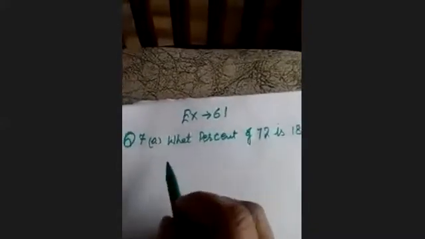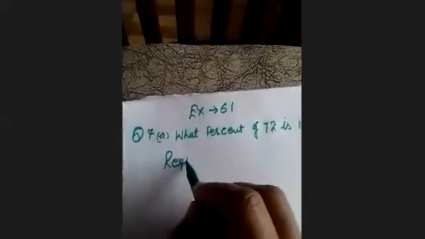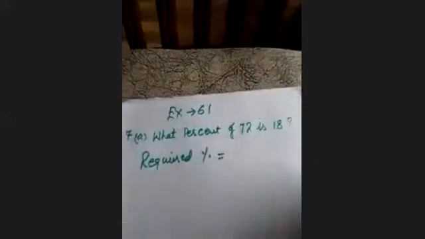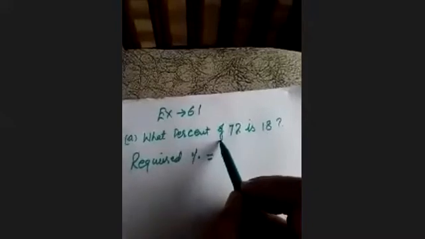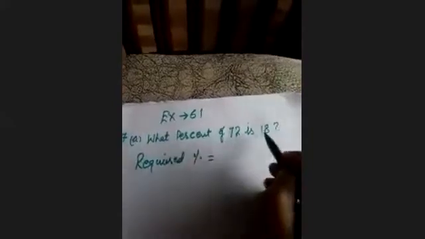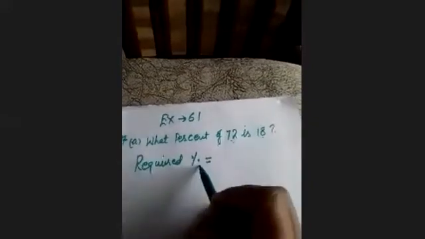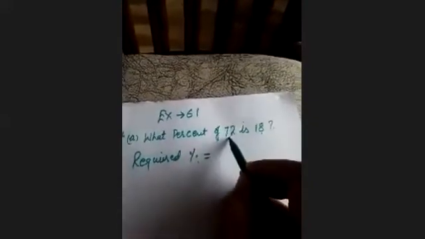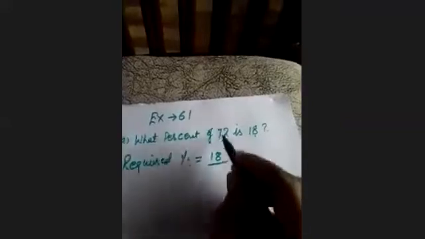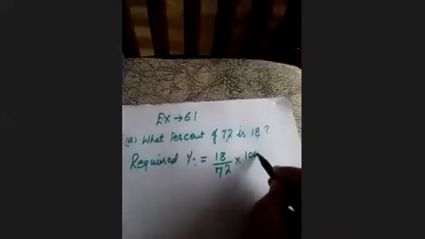So students, first we will write required percentage is equal to, now we're finding what percent of 72 is 18. So our required percentage is 18 upon 72. Clear, students? Required percentage is 18 upon 72 multiplied by 100.